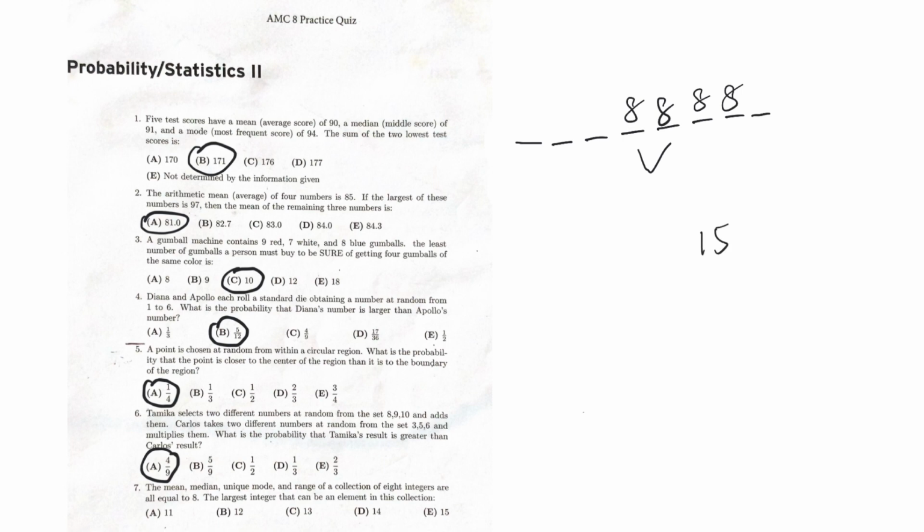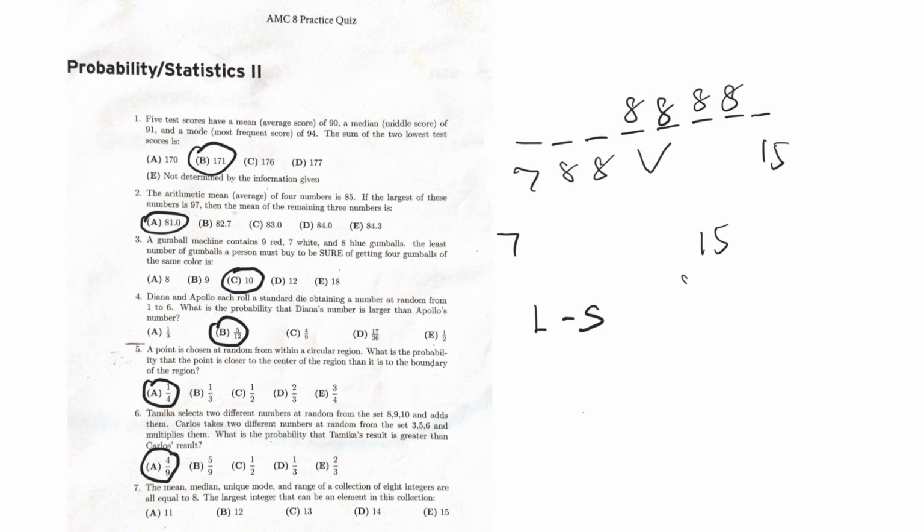If 15 is the largest number, the smallest will be 7, because range equals largest number minus smallest number. If this is 7, that means these 2 can be only 7.